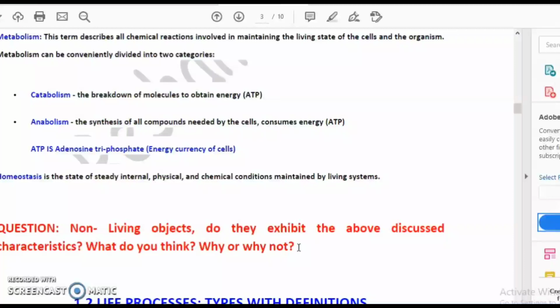What I'm trying to tell you is when living organisms grow, they show life processes. They have a lot of chemical reactions going on within their cells, which help in the development of these life processes and cell structures. So all you have to do is compare what a non-living inanimate object would lack as compared to a living organism.